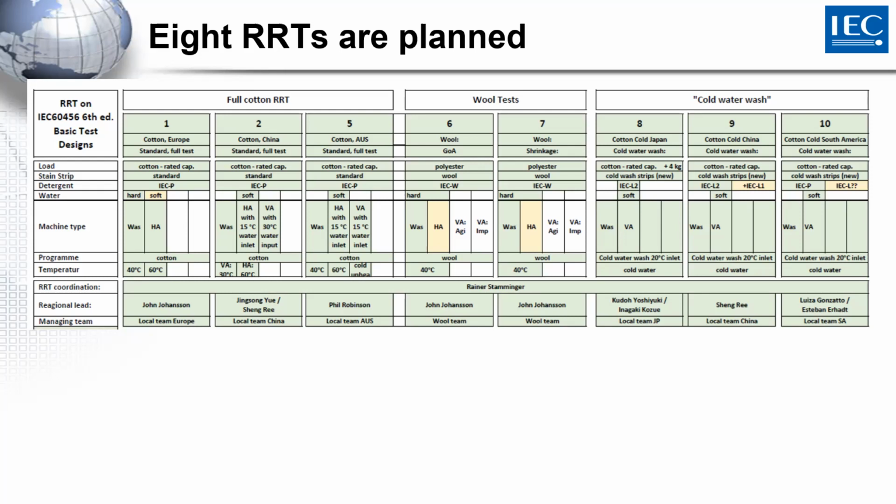They are testing also the Vascator reference machine and vertical axis washing machines. They will use this special procedure, which means we have also here a special stain strip, which was new, the cold wash strip.